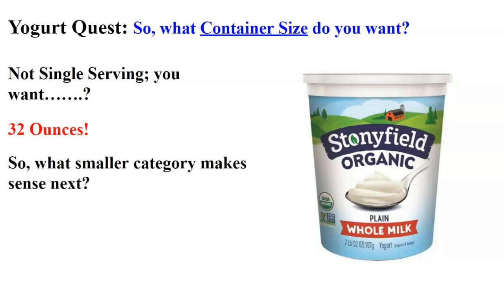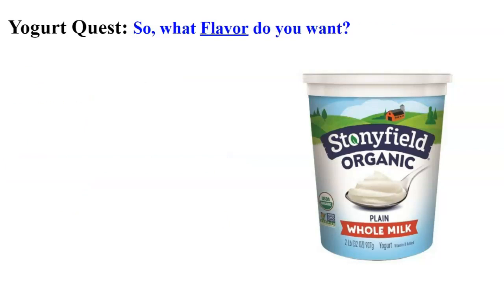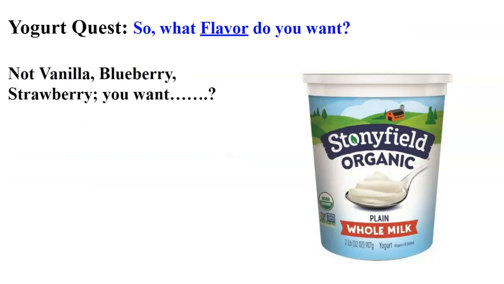So what smaller category makes sense? Well, I've got the 32 ounce whole milk Stonyfield organic yogurt, but I want a specific flavor. So what flavor do I want? I want plain. I don't want vanilla, I don't want blueberry, strawberry, I want plain.